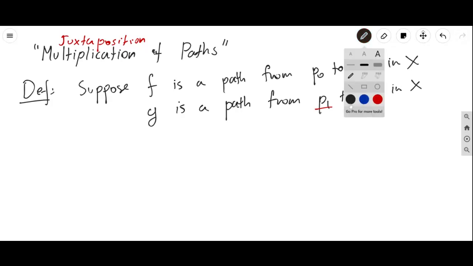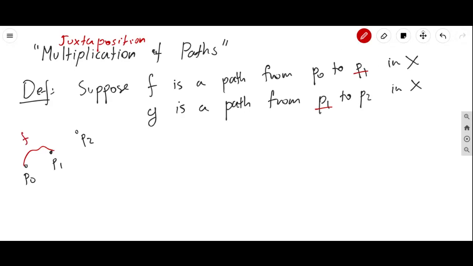But if you draw a picture, this should be clear. We have P0, we have P1, and we have P2. The idea here is this is f, and this is g. And juxtaposition of paths, Moncrief calls it multiplication of paths, but I'll call it juxtaposition. So juxtaposition of paths is exactly what you think it means. You flow along one path, and then you flow along the other path. And that gives you a path from P0 to P2.